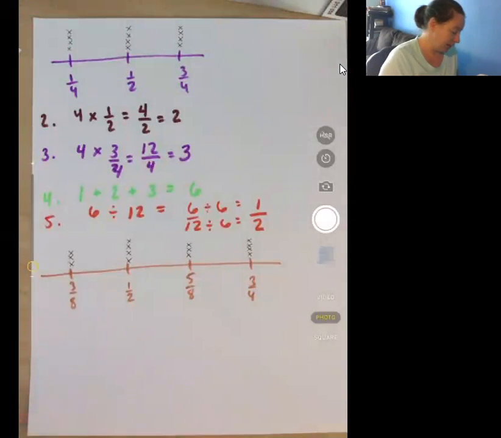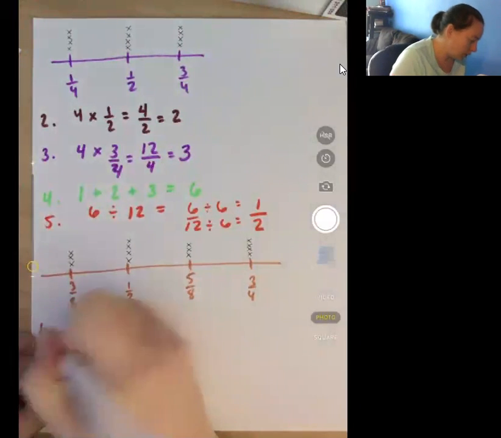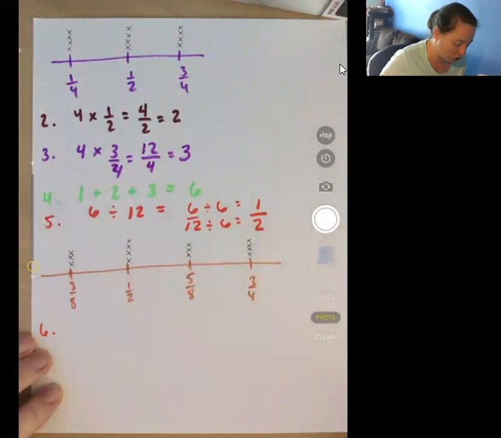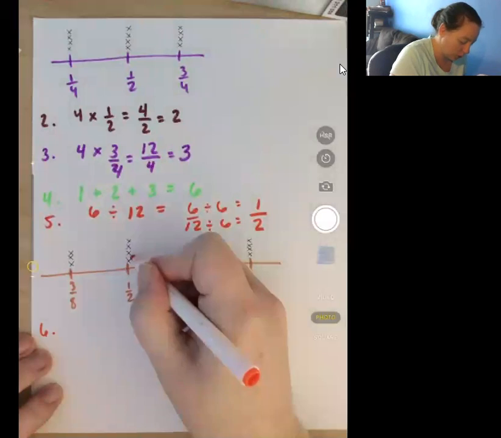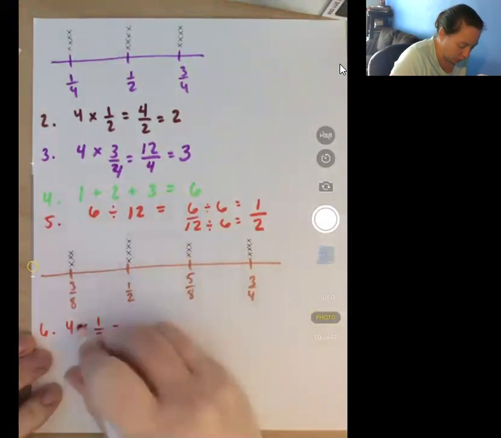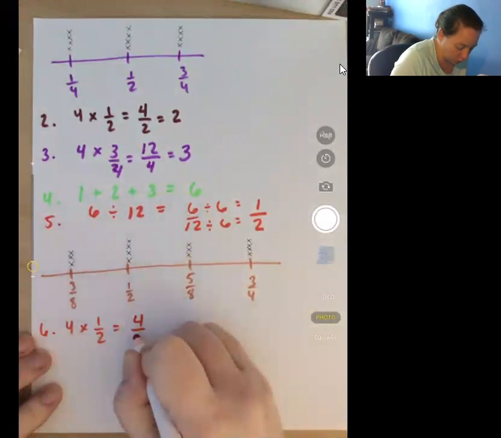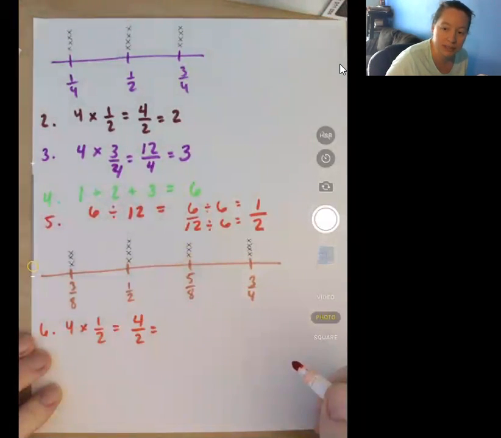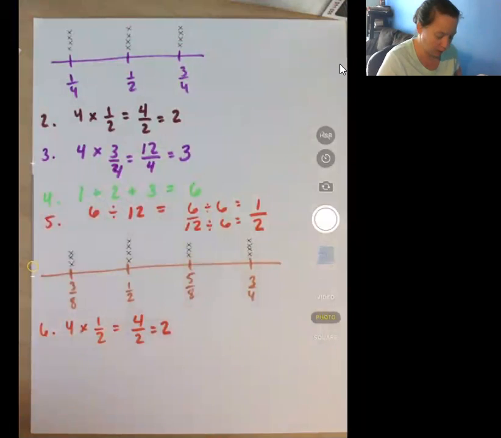Number 6. What is the combined length of the 1/2 inch crystals? So I have 1, 2, 3, 4 1/2 inch. So 4 times 1/2. 4 times 1 is 4/2. 4 divided by 2 is 2. Number 7.